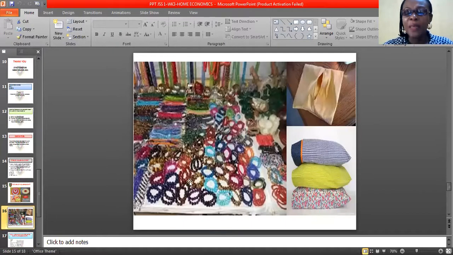Now, these are the beads. We have wrist beads, neck chains, neck beads, earrings, different types of beads. You can decide to make them and give them to your neighbors, even to your teachers. I remember one practical we did, some students went home and produced their own beads, and they went to all the teachers.